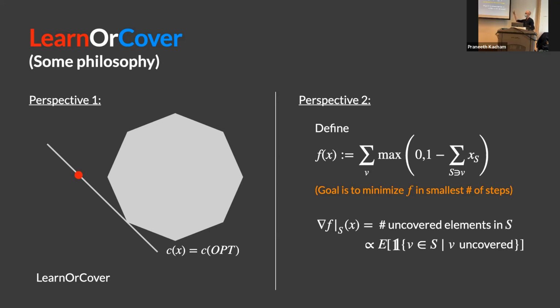I'm sure if you stared at this, it would be obvious to you. Maybe this is too fast to understand. But the point is that random order is revealing a stochastic gradient of this function. Because I'm getting v uniformly at random, conditioned on v being uncovered, I basically have a stochastic gradient. And in fact, we're exactly doing mirror descent with the stochastic gradient. That's what exponential weights is.